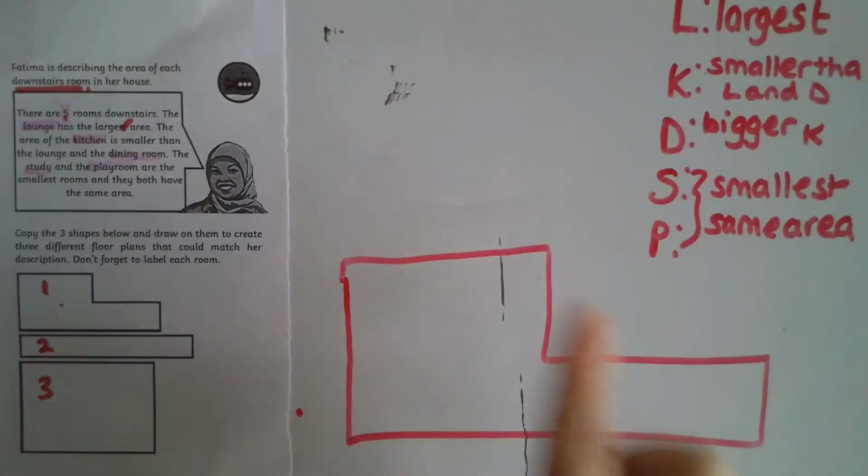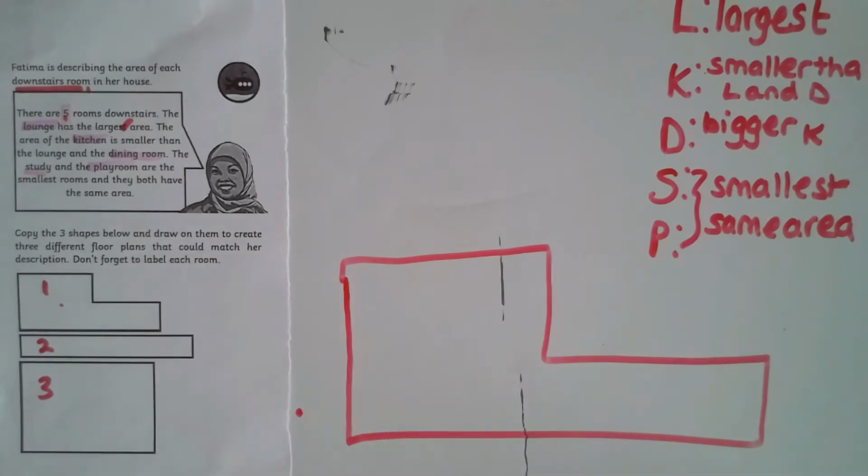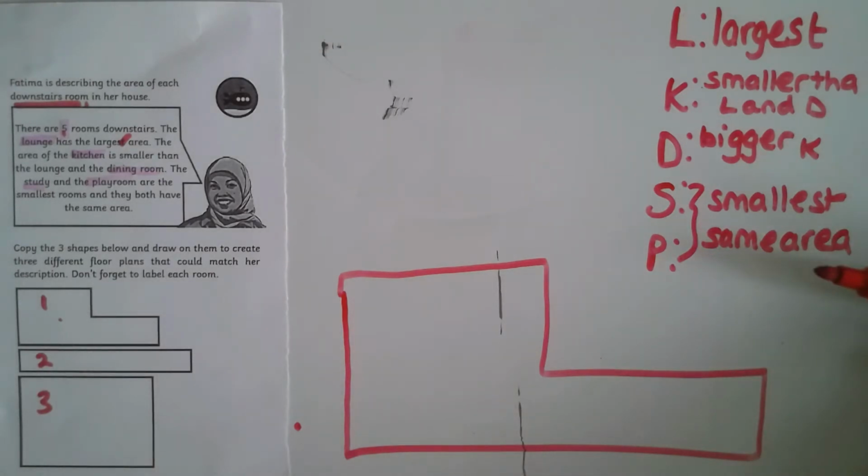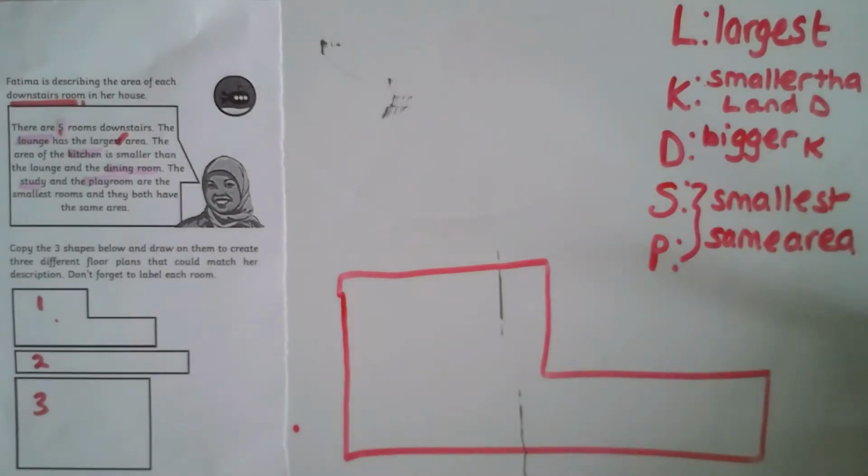So I've got to divide this rectilinear shape. I've got to share it up now into a floor plan by using these helpful hints here.